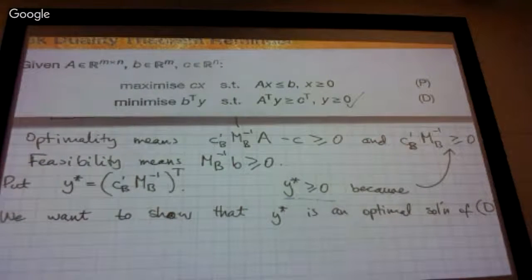So we also want that other inequality coming from the matrix. So what does that mean?